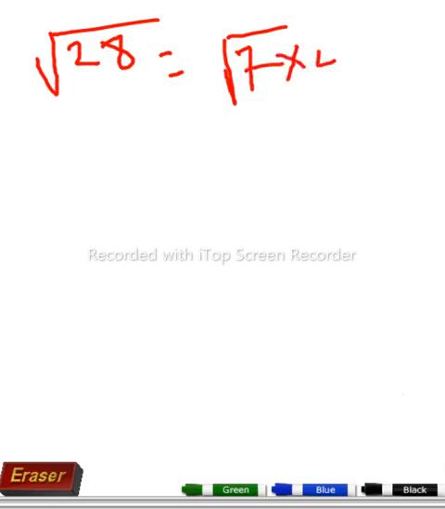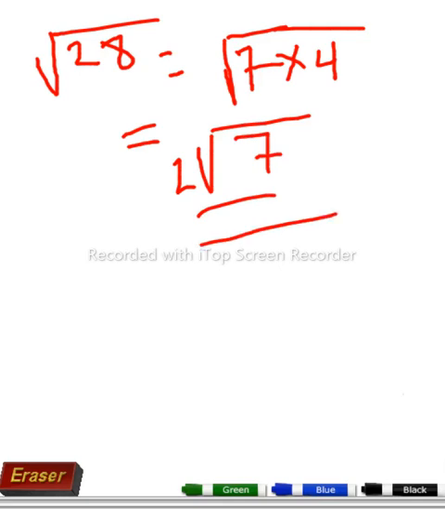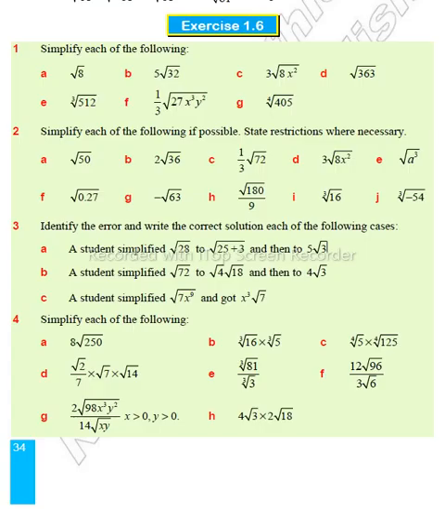We can write this equation like this, and 4 means 2 times 2. So 4 is a perfect square, so when 4 comes out of the square root we get 2 square root of 7, with 7 as it is. This is the correct answer for this matter.